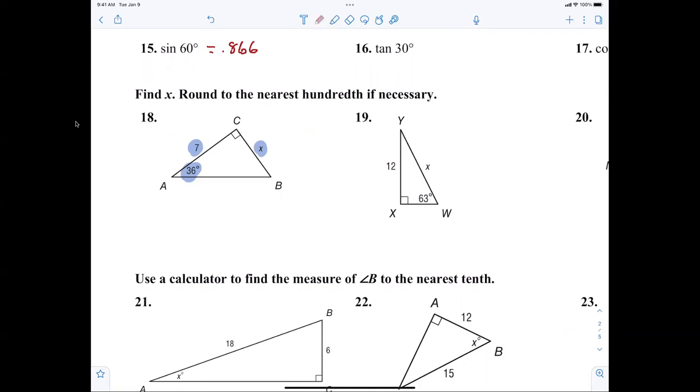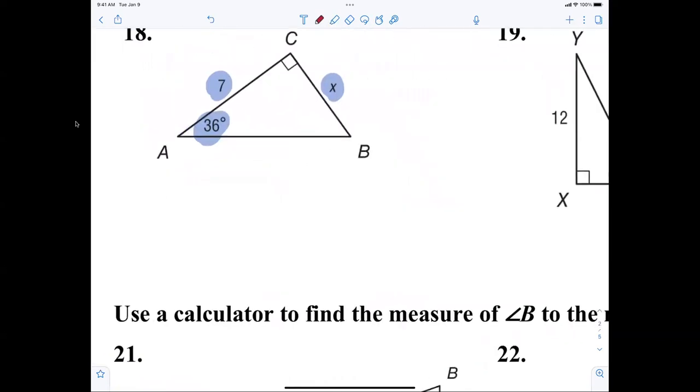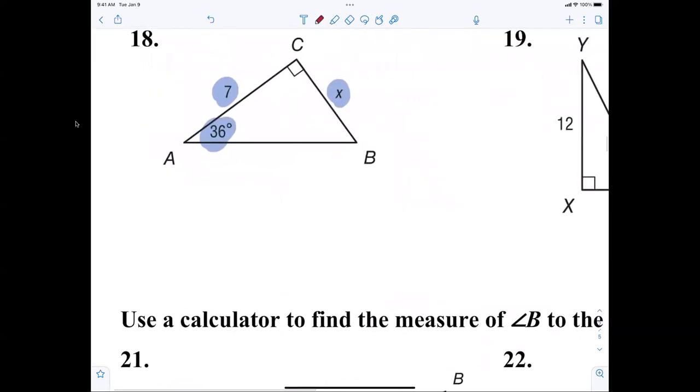What trig function? Come on, I don't want the same person saying the right answers all the time. Does everybody understand? It's tangent. If you're looking at like, what are you talking about? Now's the time to ask. Does everybody agree? X is the what? Opposite. 7 is the adjacent.